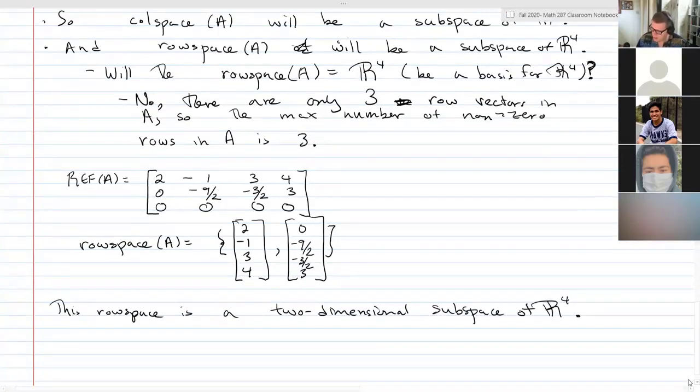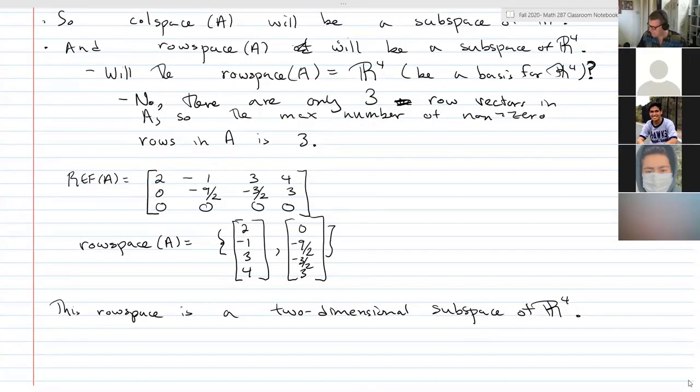So what we'll do is define the basis utilizing the number of dimensions in the basis and the parent vector space. So it's a 2-dimensional subspace of R4.